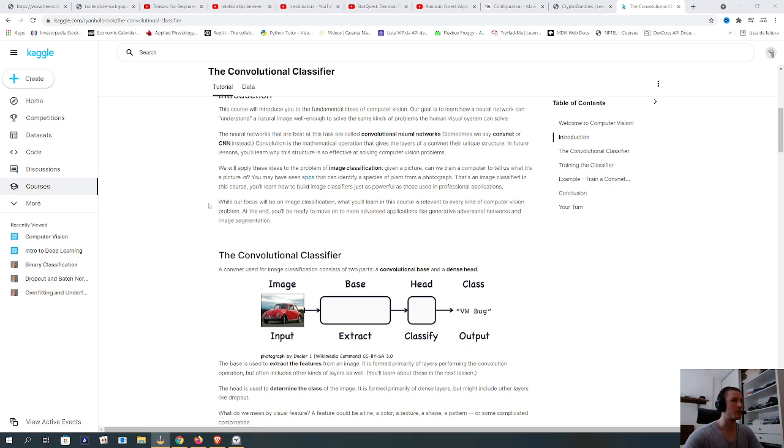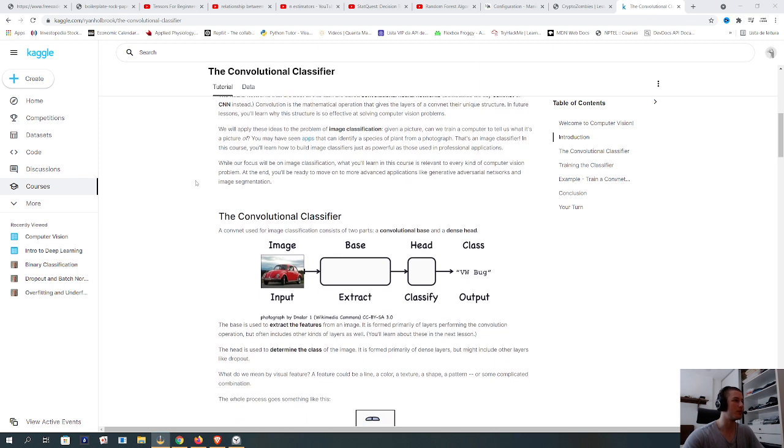Convolution is the mathematical operation that gives the layers of a convnet their unique structure. In future lessons, you'll learn why this structure is so effective at solving computer vision problems. We apply these ideas to problems of image classification. Given a picture, can we train a computer to tell us what it is? We may even set up apps that do that.